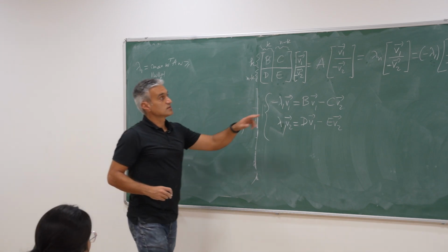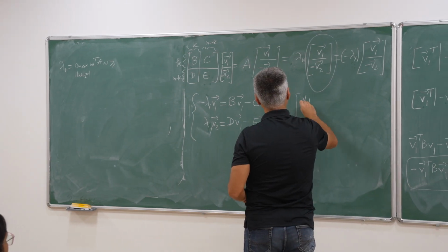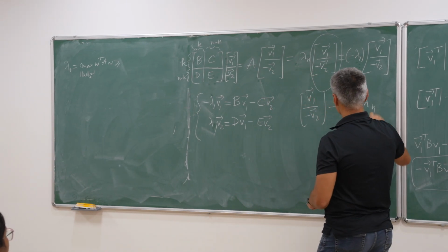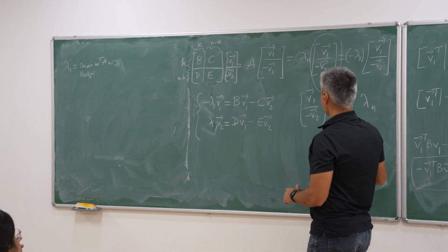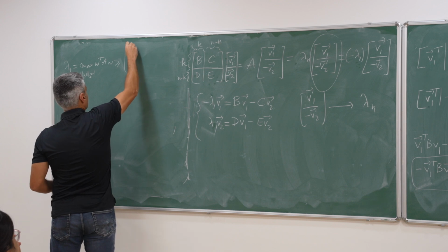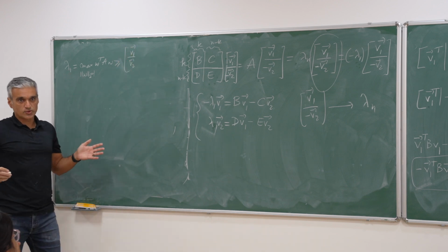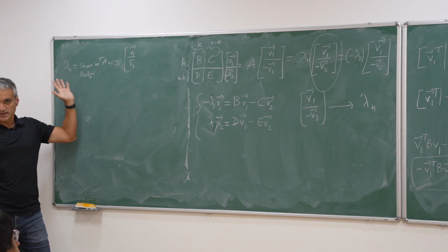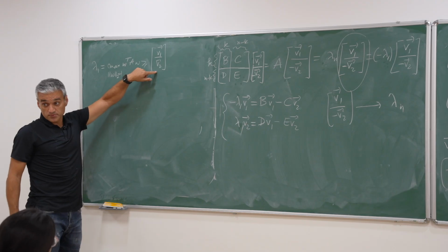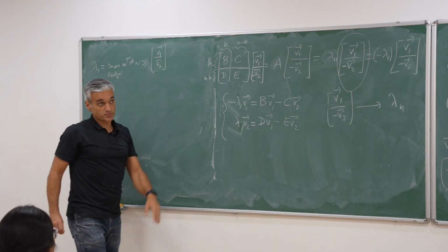So again, v1, minus v2 is the one for lambda n. Now, if I take the vector v1, v2, I don't know if this is an eigenvector for lambda 1. I don't know and I don't care, but for sure I know that this one has length 1, because the length of this vector is the same as the length of this vector, and I picked this to be length 1.